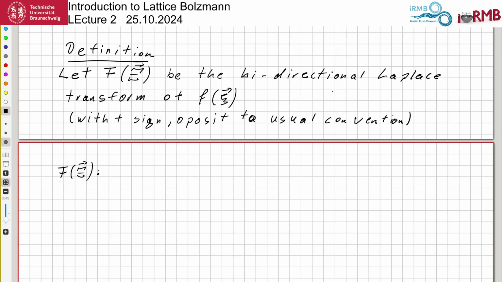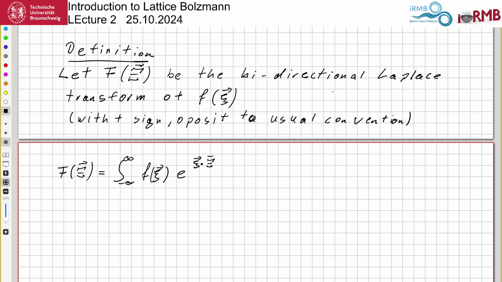So this is just the way it is. What did I want to do? Yeah, I wanted to actually write the function. So f of xi is the integral from minus infinity to infinity. So this is the bidirectional Laplace transform over xi vector of e. As I said, inverse Laplace transform, so there is a plus sign here.